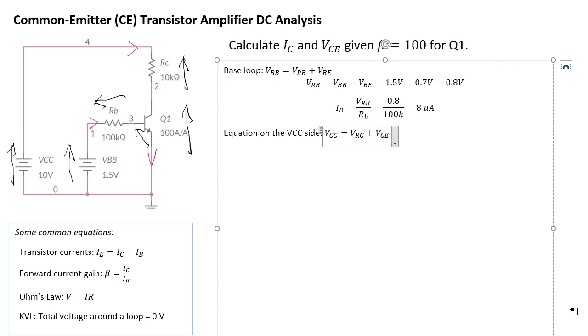That's the equation for the top part, because it's VCC at the top and then you have those two components. We know VCC is 10 volts. We don't know VCE or VRC, but we know that VRC, through Ohm's law, V equals IR, is IC times RC.